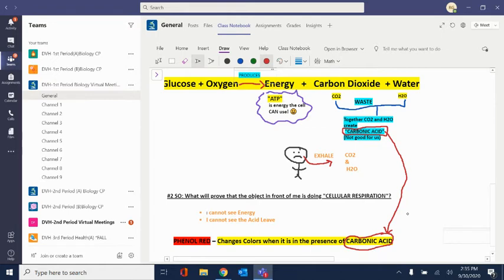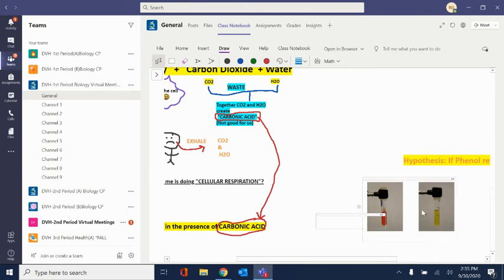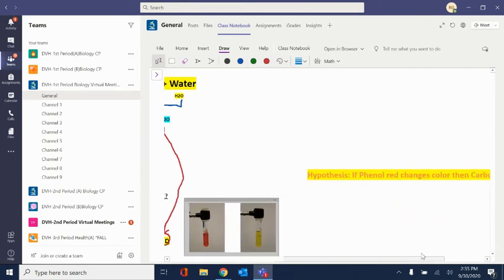So if I have this stuff in the presence of phenol red, the phenol red will change color. Interesting. And here's a picture of phenol red.